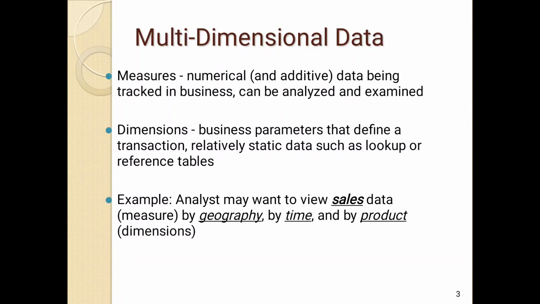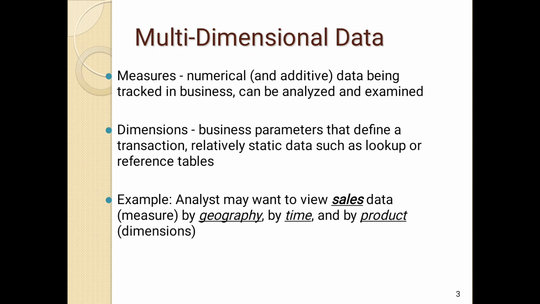Next one is dimensions. So what are the parameters of that? While considering a specific business, it may be static data or dynamic data. And we are going to see some of the tables.